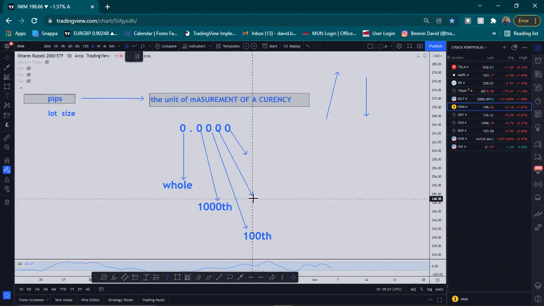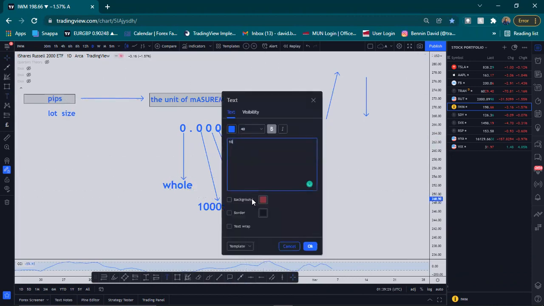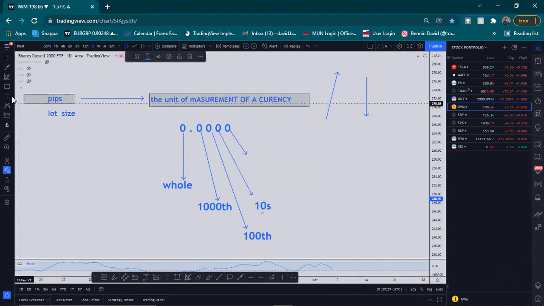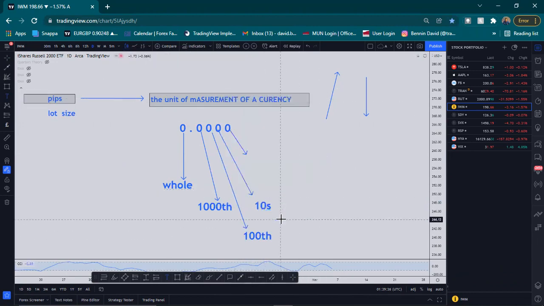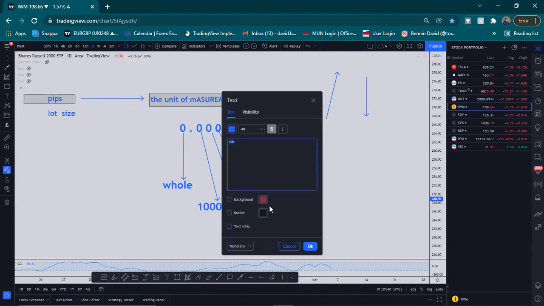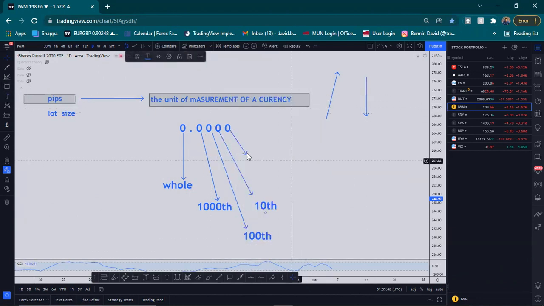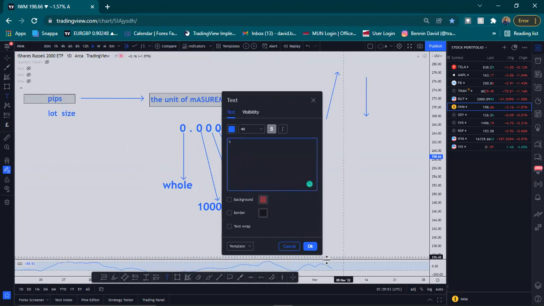And the third value after the decimal point is called the tenth. Sorry, that is a tenth, not tens. It's different from tens. And then we have one. The last value is one.